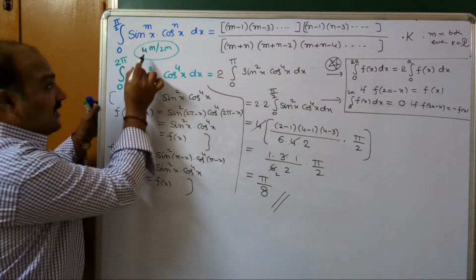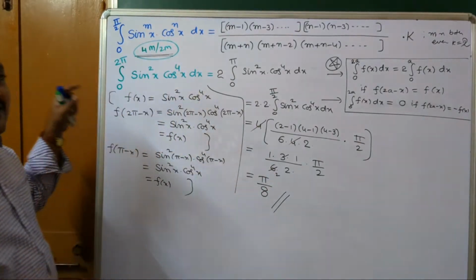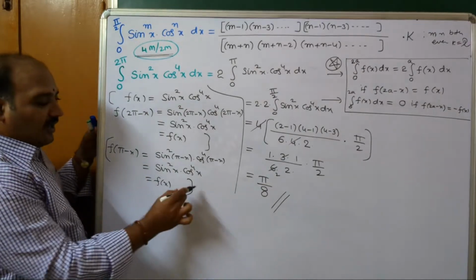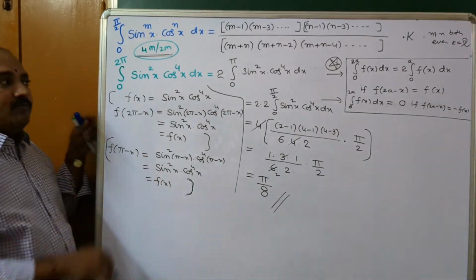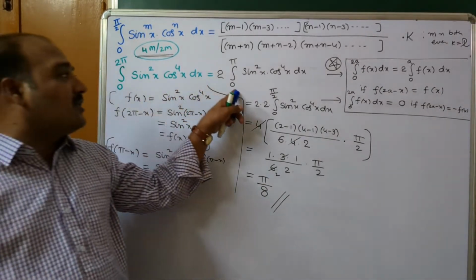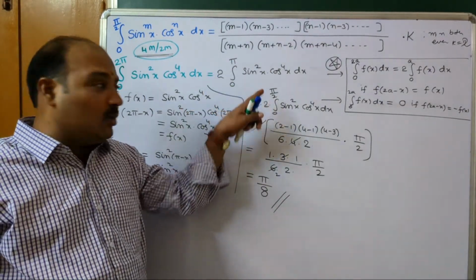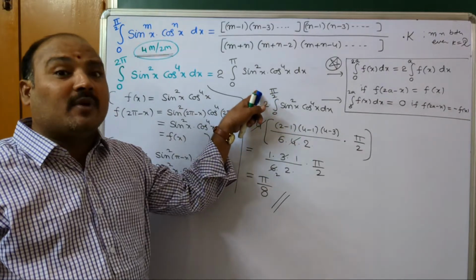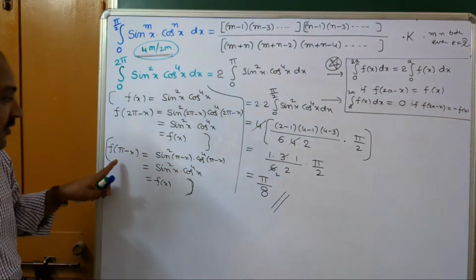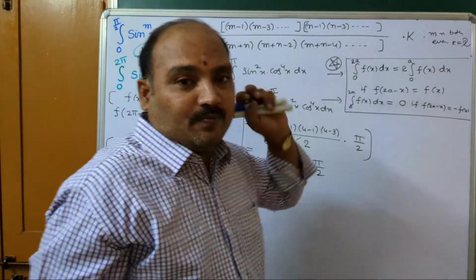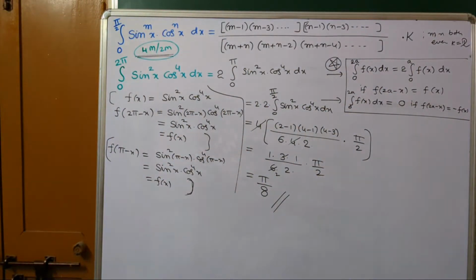This is the reason I said, dear students, we may get this question for 4 marks also. Why? Because we are converting into this form. 0 to 2 pi is converted as 2 times 0 to half of the upper limit, and again 0 to pi is converted in terms of pi by 2, 2 times 0 to half of the upper limit. When should we write like this? Whenever f of pi minus x is equal to f of x, by using this property. Okay, we'll move to another question now.